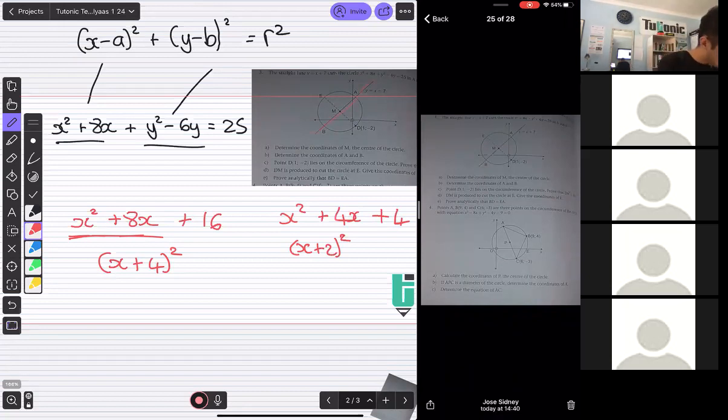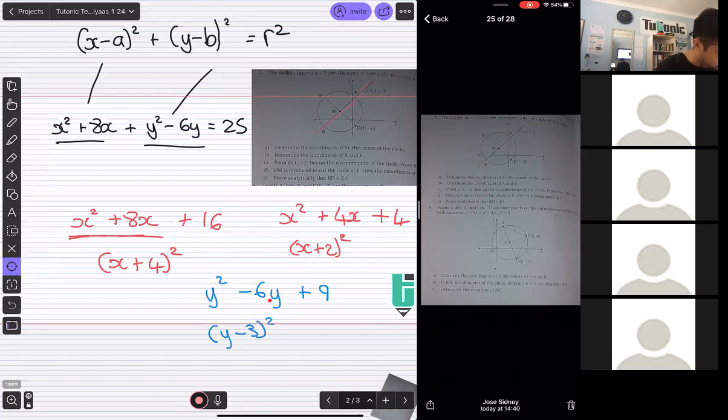The same thing with the y squared: y squared minus 6y, I have to add a 9, because that becomes y minus 3 squared. So the trick is to divide this by 2 and square. Do you guys see that? Must I say it again, or can I move on?